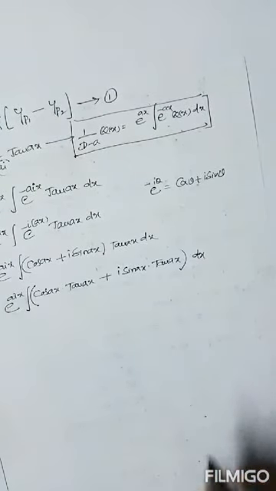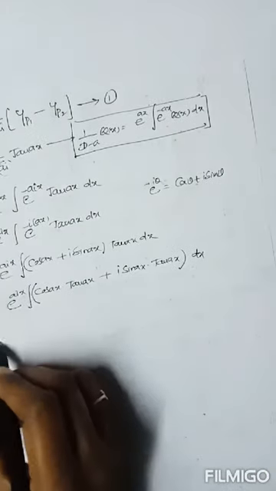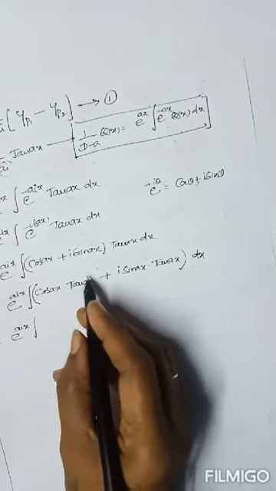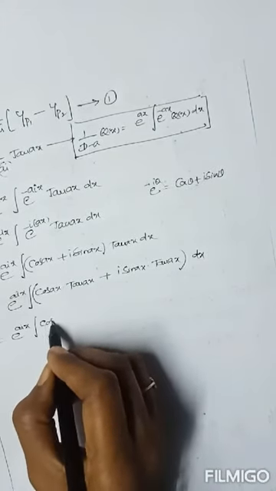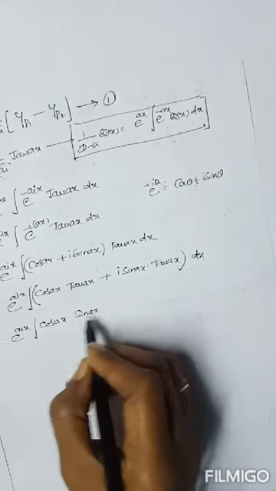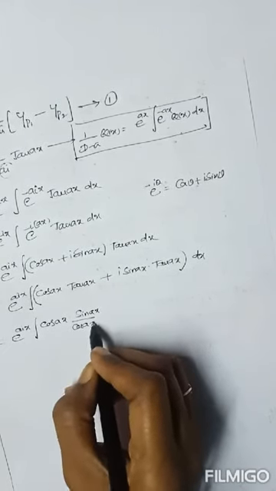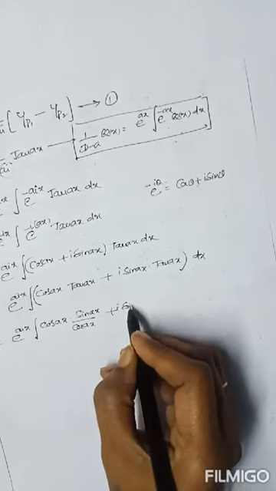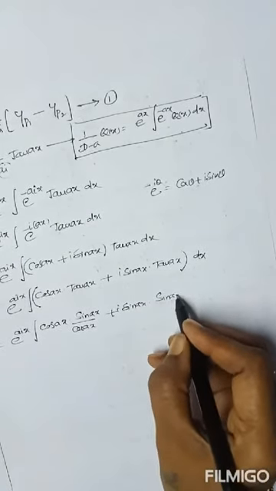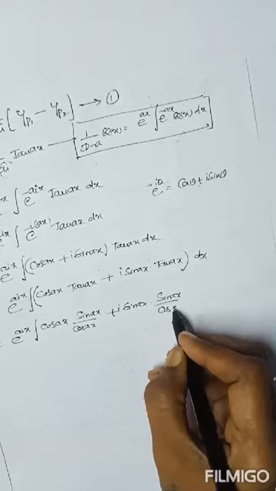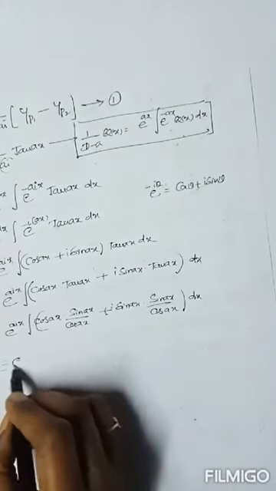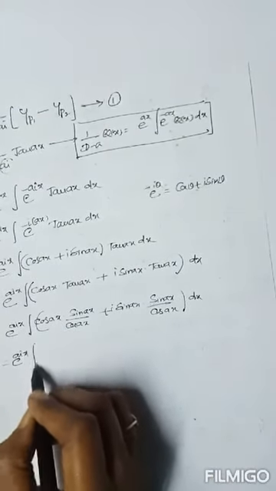And also tan can be written as sin by cos. As per this, still there is no formula, so expand this one: cos ax times sin ax by cos ax plus i of sin ax times sin ax by cos ax, whole bracket, with e power aix.